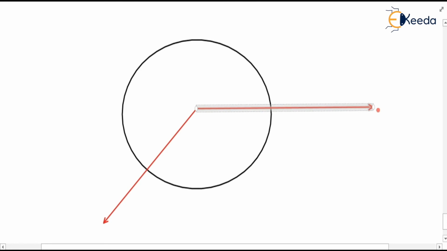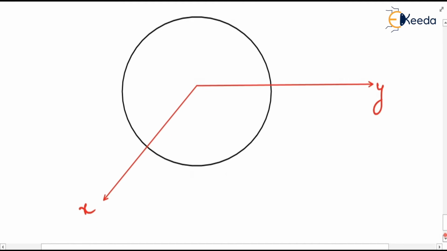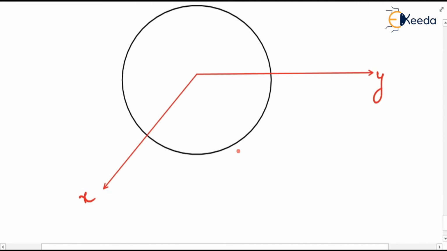We assume this is the y-axis and this is the x-axis, and this is the point P on the cylinder in the xy plane.